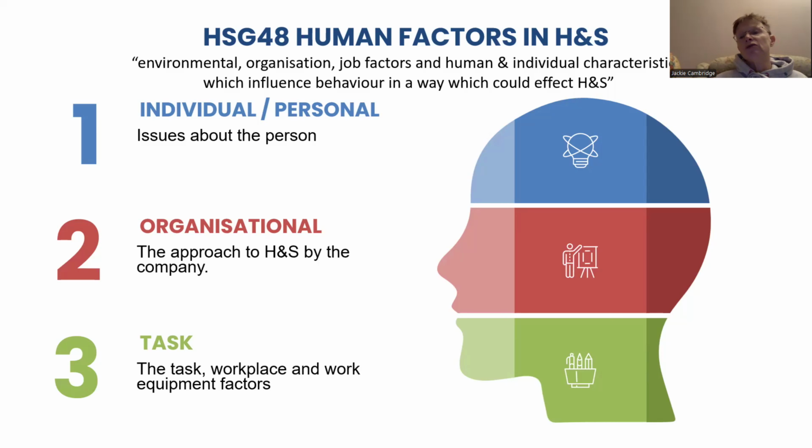Task factors include the job itself and how it's being done, workplace issues, but also things about work equipment and machinery. The reason they're sometimes shown as three overlapping circles is really where they overlap. That's where all the potential for error, violations, and accidents occurs.